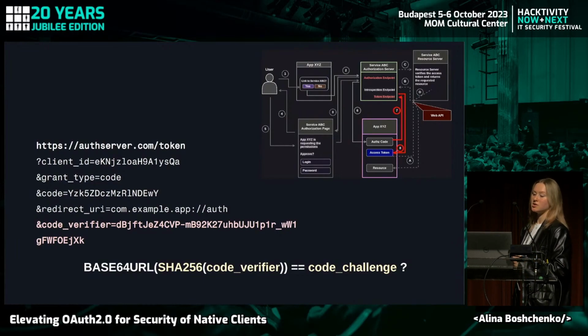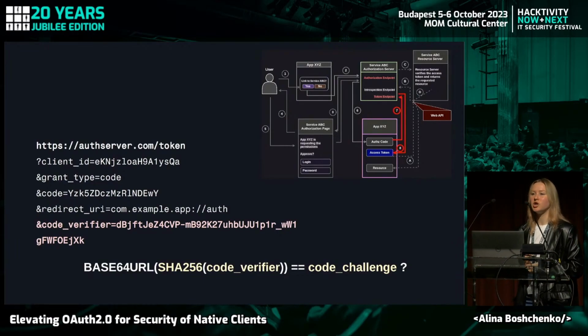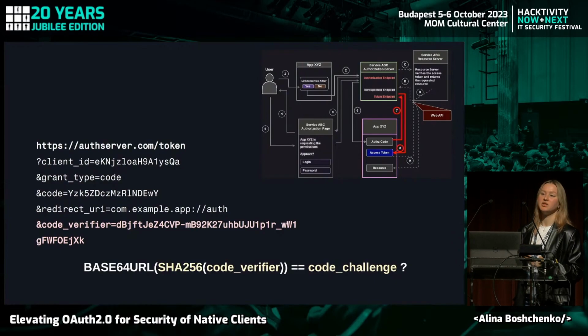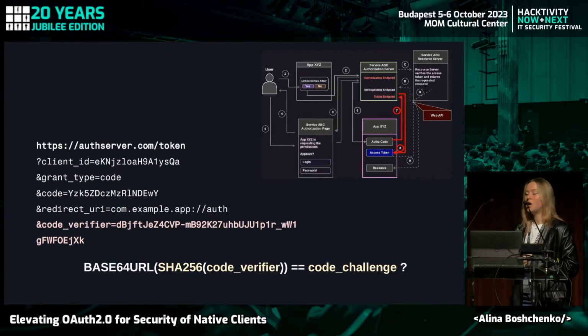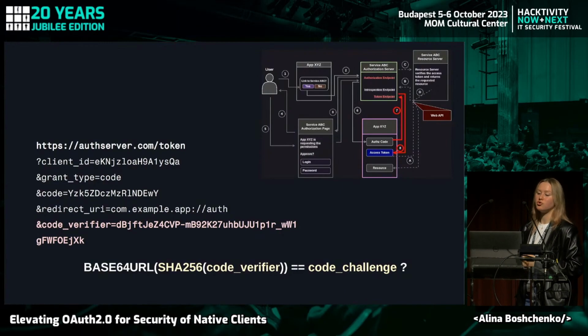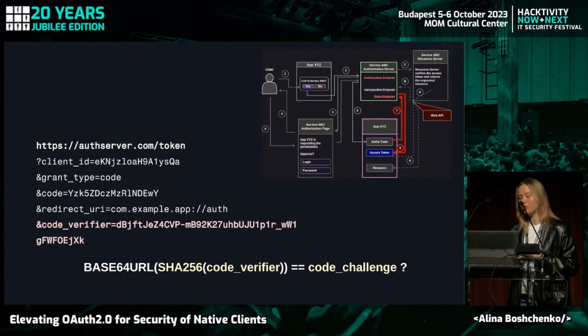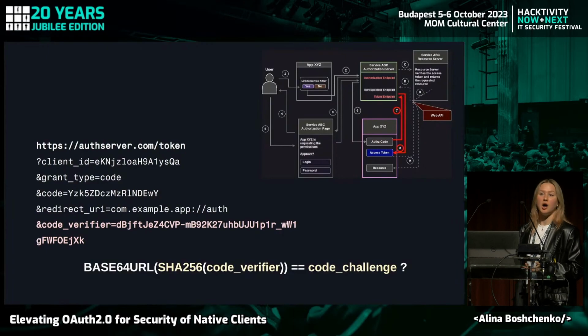This works because the code verifier and code challenge cannot be intercepted, as remember we work over a TLS secure connection. And also it's crucial to ensure that the code challenge value is not exactly the same as the code verifier, because otherwise anyone who has access to logs, for example, will be able to see it, and there's going to be no point in using PKCE here.